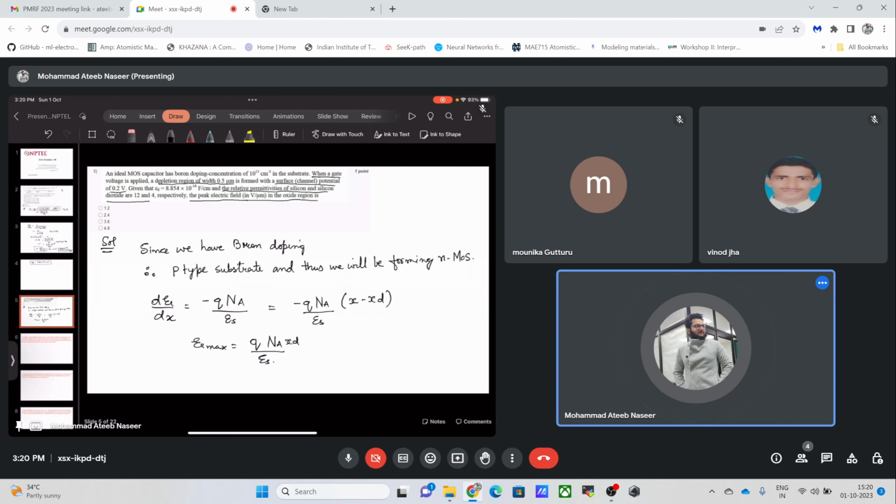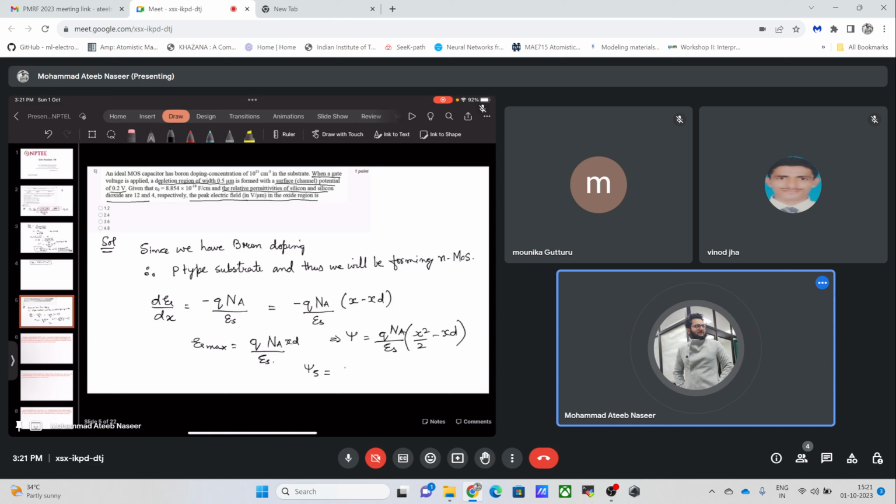Now we know this surface potential will simply be the area under this electric field curve. If I integrate this thing again, in order to get psi, it would simply be Q times Na by epsilon s, x square by 2 minus xt, with limits for x for this psi s.